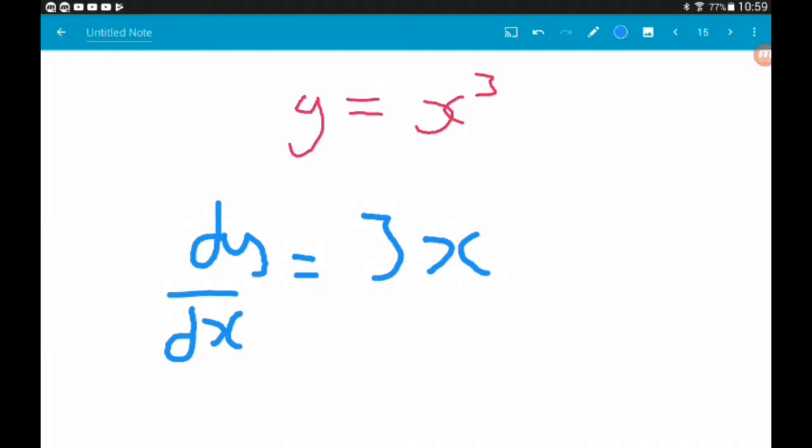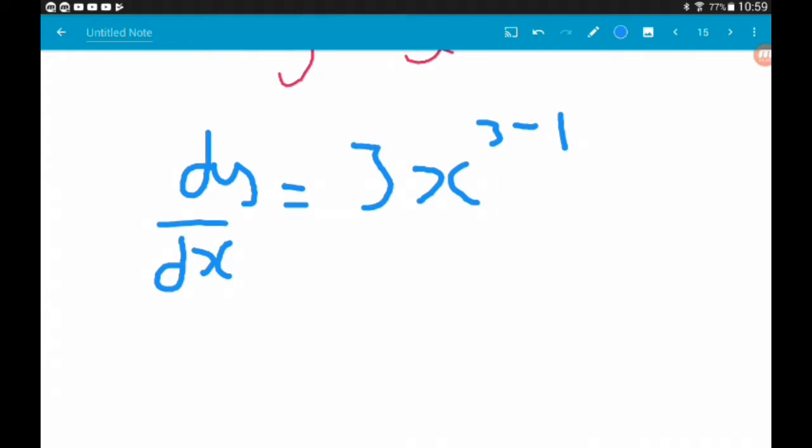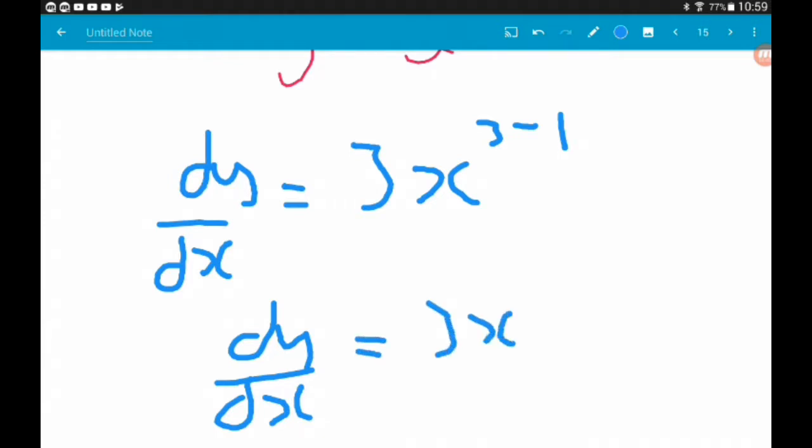So we're going to have a power of 3 minus 1. So dy by dx is 3x squared. And that's it. Compare that to first principles. Look how simple that is. So again, the power comes down and multiplies the expression, and then also goes down by 1.